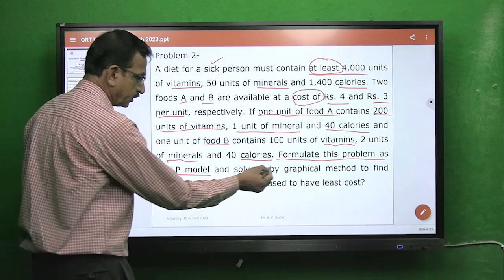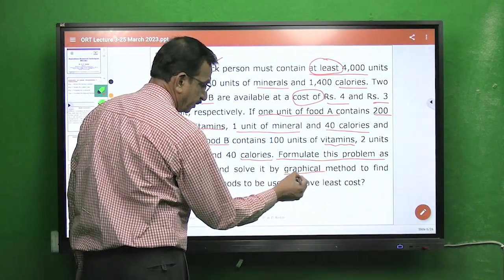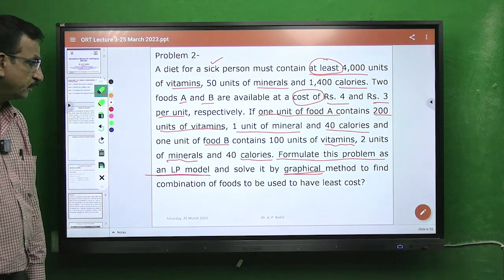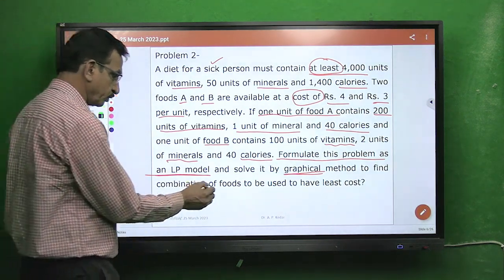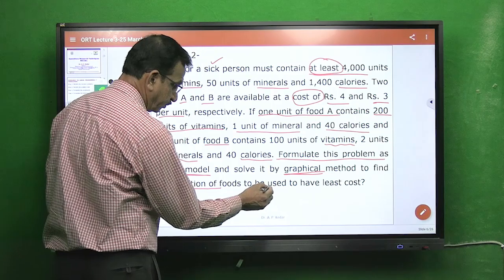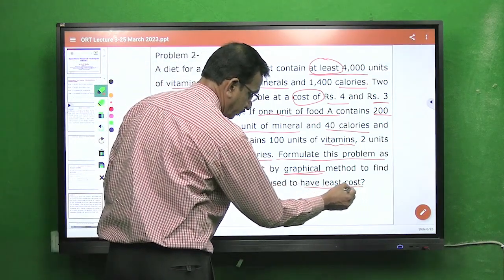And solve it. We'll see there are so many methods to solve. He has mentioned solving by graphical method, to find the combination of foods to be used to have a least cost.